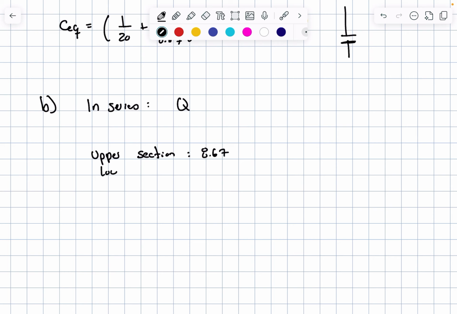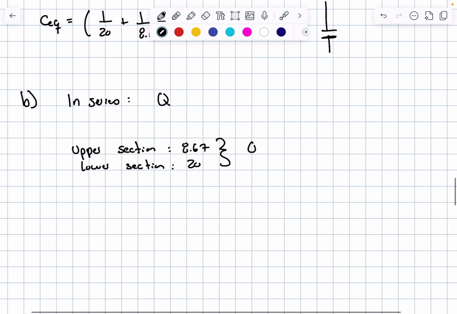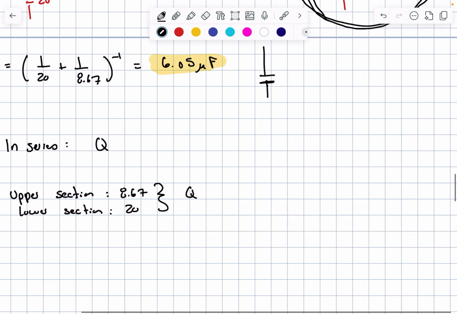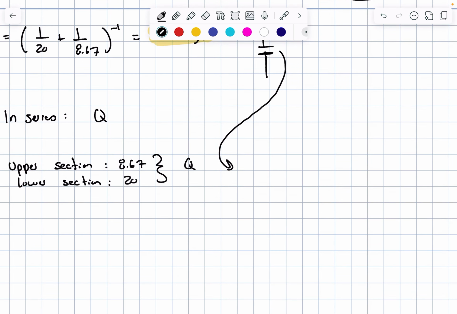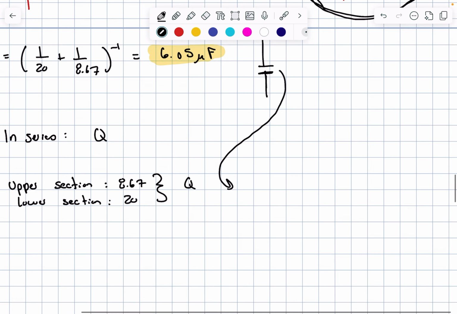In the lower section is the 20 section. They have the same charge Q as the charge that was on the equivalent capacitor. If you remember, this was the 6.05 microfarad plate.